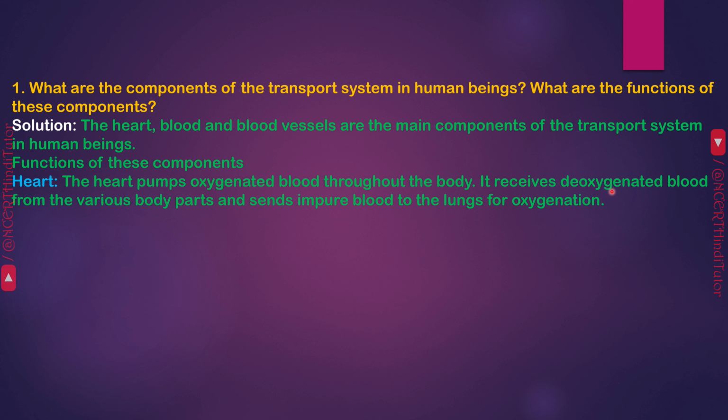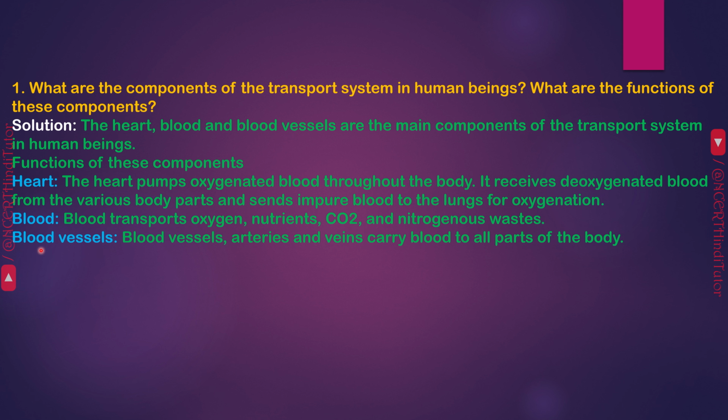It receives deoxygenated blood from the various body parts and sends impure blood to the lungs for oxygenation. Second, blood. Blood transports oxygen, nutrients, CO2, that is carbon dioxide, and nitrogenous waste. Third, blood vessels. Blood vessels, arteries and veins carry blood to all parts of the body.